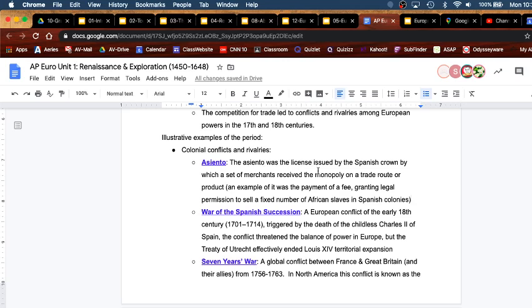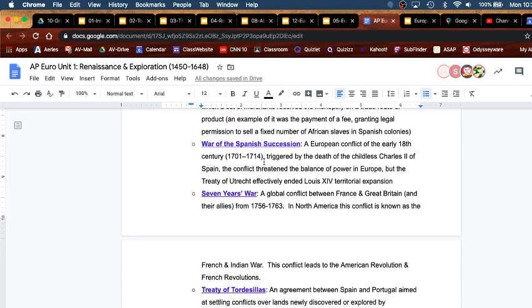And so these royal decrees from the Spanish crown gave merchants the power and the ability to dominate trade in a particular area. And tobacco comes to my mind as one of those big ones.